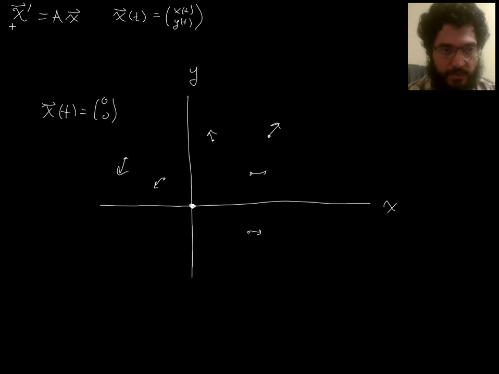Now, we've seen a pretty nice way of writing down a general solution to any one of these. So given any one of these differential equations, you can solve the eigenvalue problem for the matrix A and then come up with a general solution and figure out what the trajectories look like. But the pictures are very different, right? Sometimes you can get spirals, spiraling in or spiraling out.